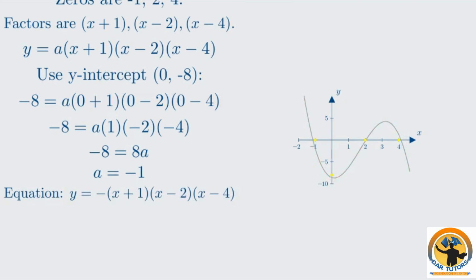Therefore, the equation of the cubic is y equals negative the quantity x plus 1 times x minus 2 times x minus 4. The negative sign for a is consistent with the graph's end behavior, starting high and ending low. By analyzing the x-intercepts and the y-intercept, we can reconstruct the equation of a cubic polynomial.